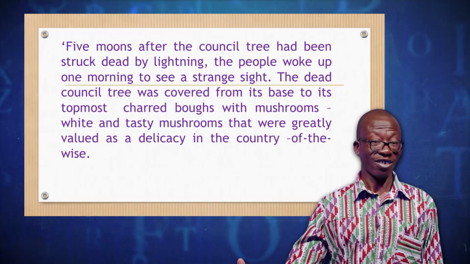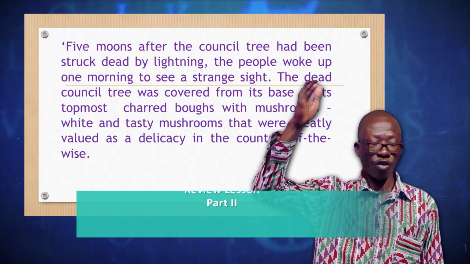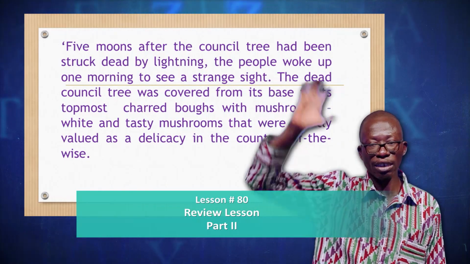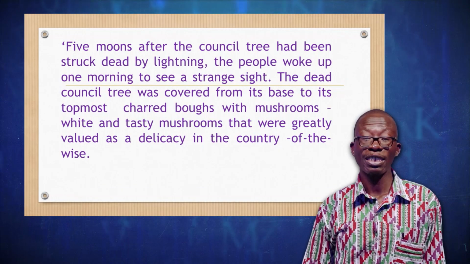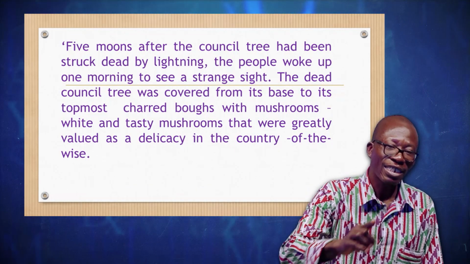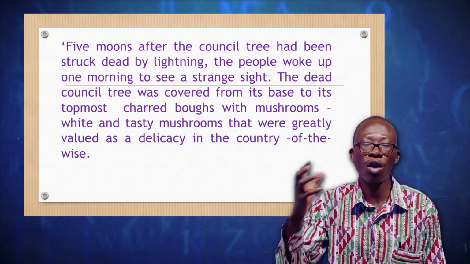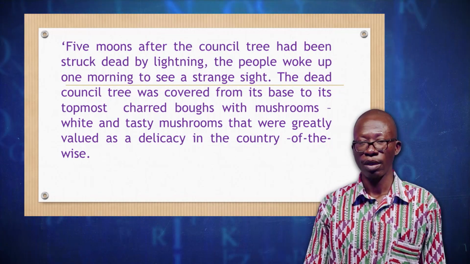So we have a cancer tree that was covered from the base to the utmost part of the branches with mushrooms. That's the message there. It makes sense. And then the dash linking us to the next clause is only throwing more light on the mushroom, and therefore doesn't make sense on its own.